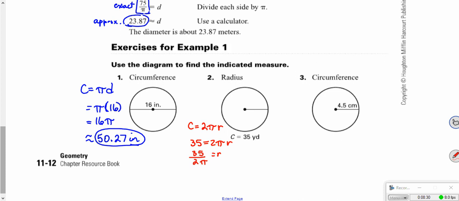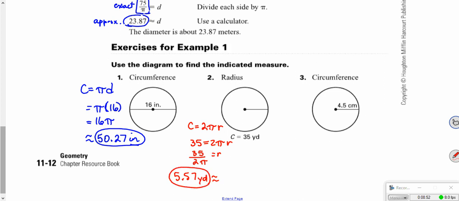Now again, that would be my exact answer. Since 35 doesn't divide by 2, I can't really do anything else with it. However, my approximate answer for r is 5.57. And 5.57 what? We were talking yards.